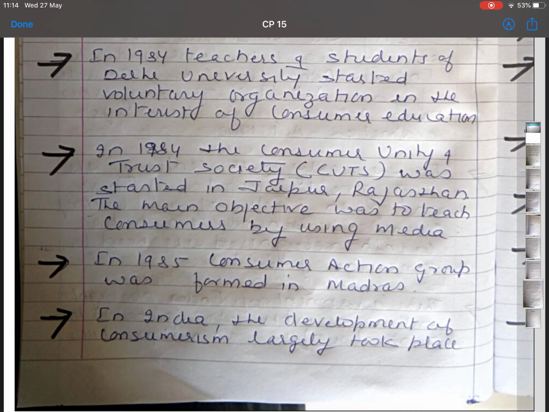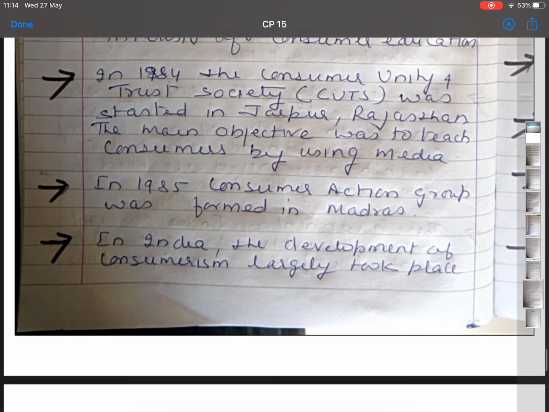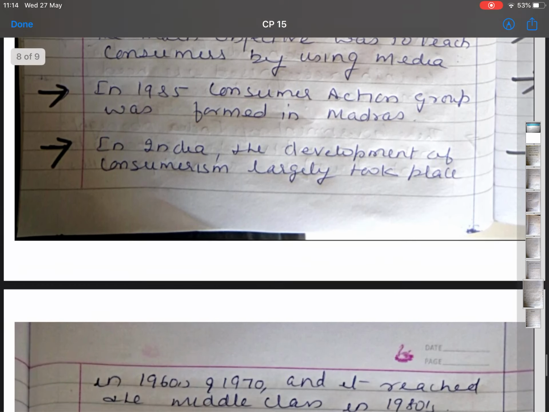The formation of this association was because of the unjustified heavy telephone bills received by the telephone subscribers. So in India, the development of consumerism largely took place in the 1960s and 1970s, and it reached the middle class in the 1980s. The process of consumer protection started in the real sense in January 1986 with an All India seminar held in New Delhi, which was actively participated in by representatives of state governments, voluntary consumer organizations, and union ministers.